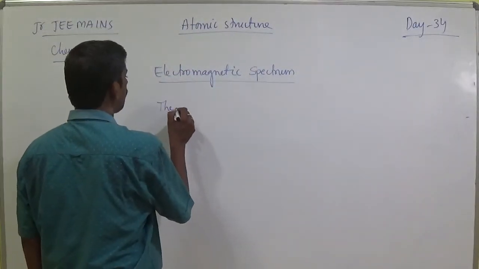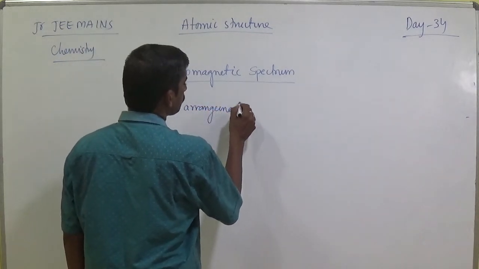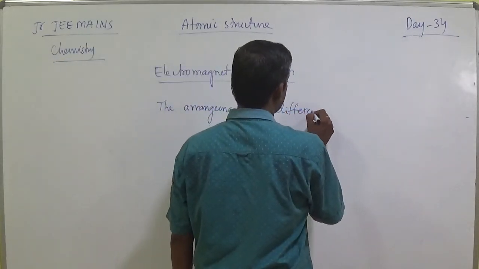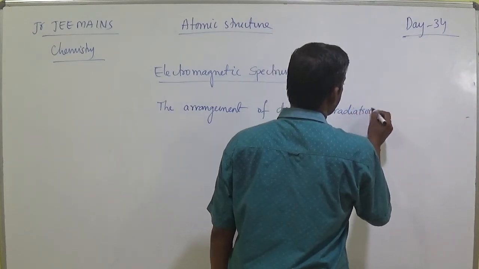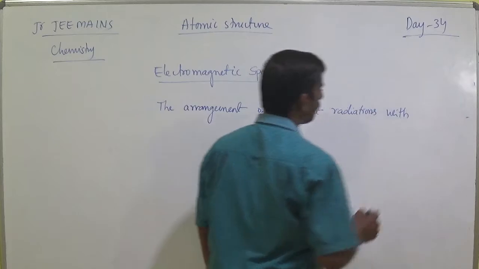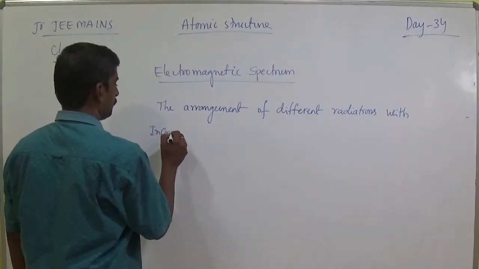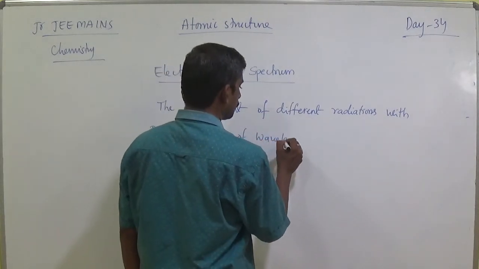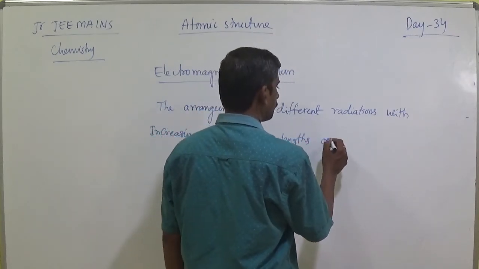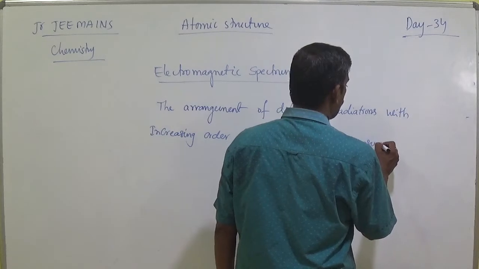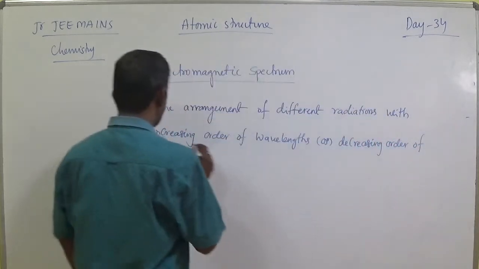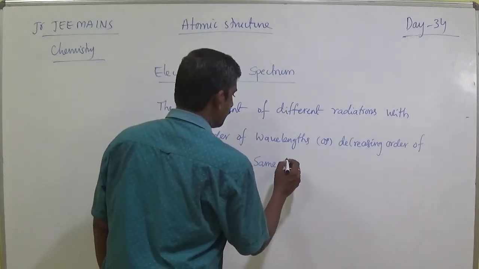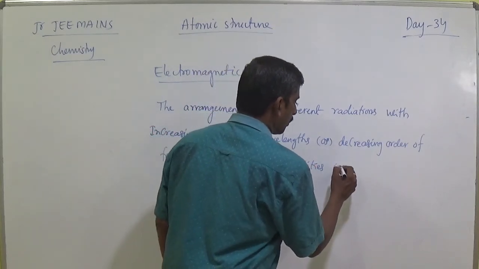So the arrangement of different radiations with increasing order of wavelengths or decreasing order of frequencies with the same velocities are called the electromagnetic spectrum.